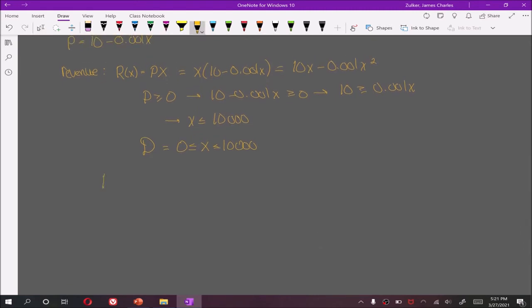Now, R prime will be 10 minus 0.002x. Set that equal to 0. 10 is 0.002x, which means x itself is 5,000.